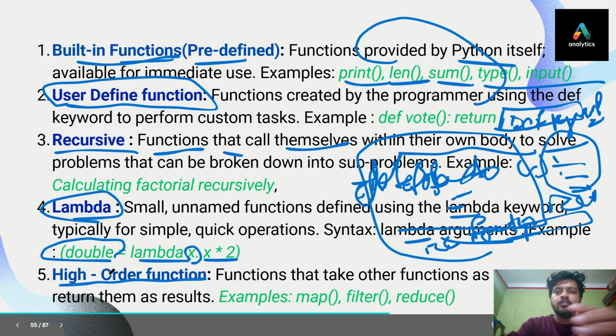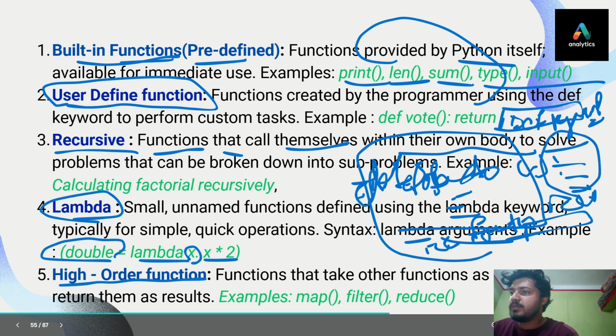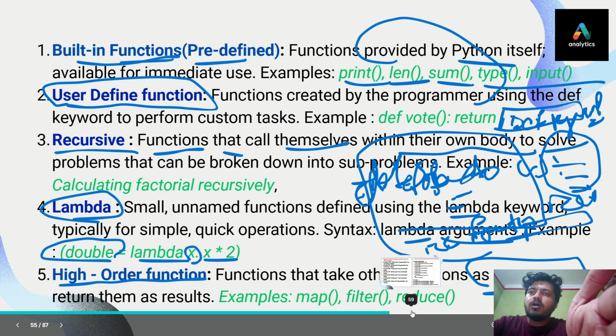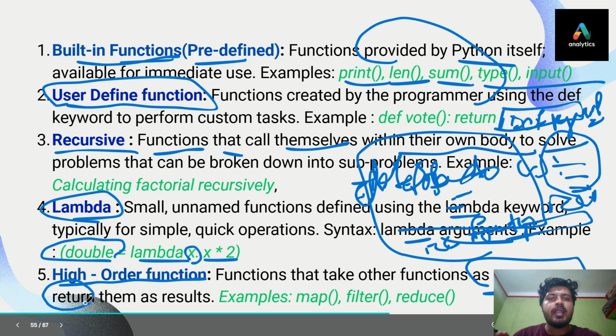And the last one is the higher order function. This is a function which takes another function as an argument, and the return is always another function.